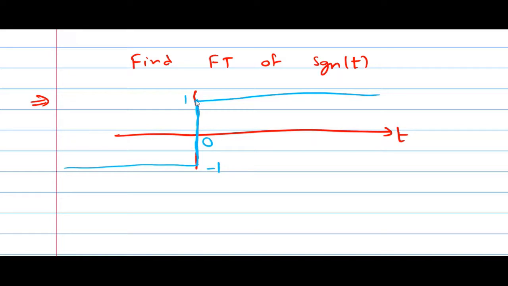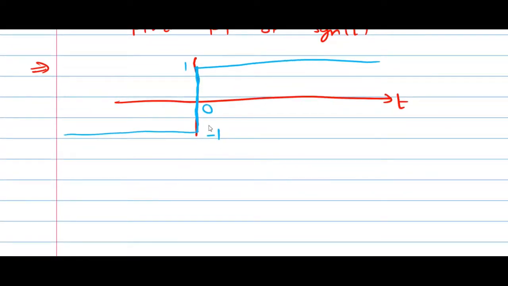Okay. So if I differentiate this signal, for t greater than 0, that means this positive side, its derivative will be 0, and for t less than 0, that means this negative side, its derivative will be 0. But at the origin, it is a discontinuous function, and the signal is going from -1 to +1.